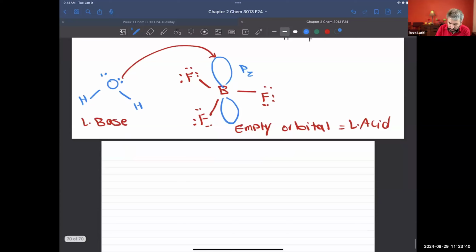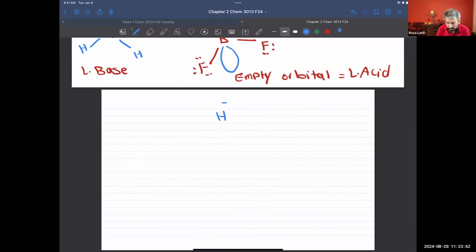It is not wrong to call H plus a Lewis acid. Why? If we react this one with, say, OH, then in Bronsted terms, the one that's accepting H plus is the base.